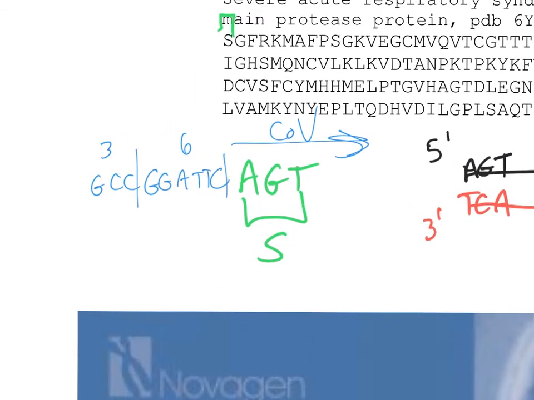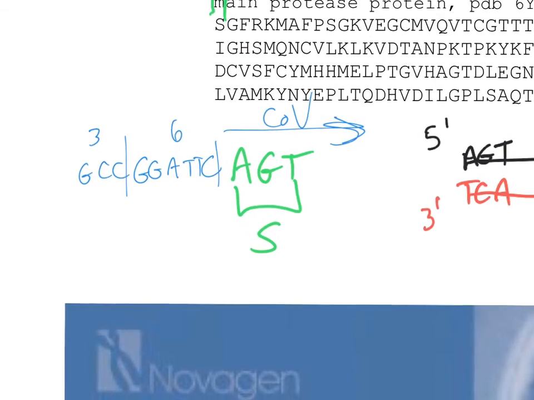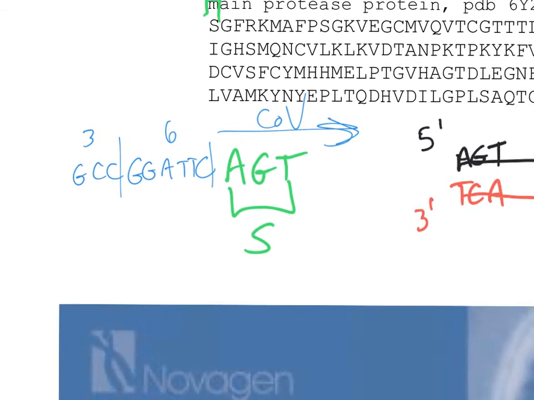If I didn't have it in frame, if it were out of frame, and let's say that your 6 nucleotides here ended up making your nuclease out of frame, then what you can do is just simply insert nucleotides. You'll never need more than 1 or 2.